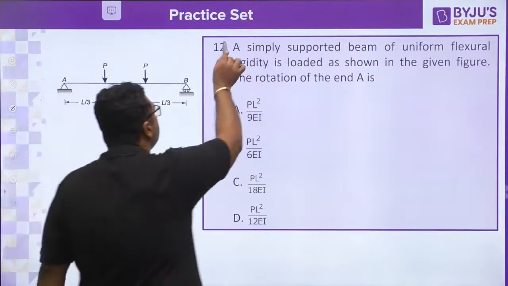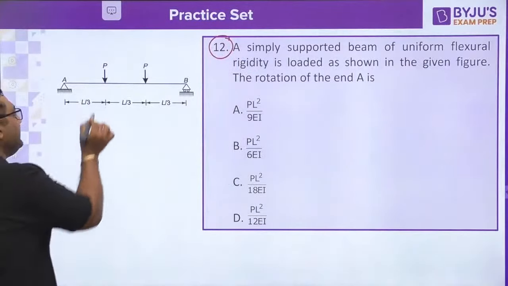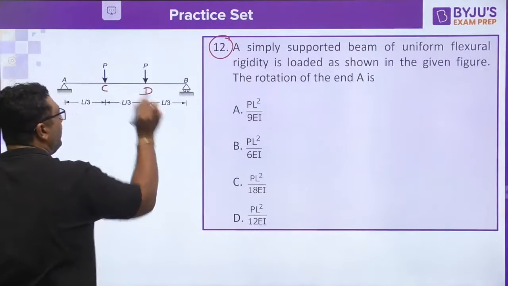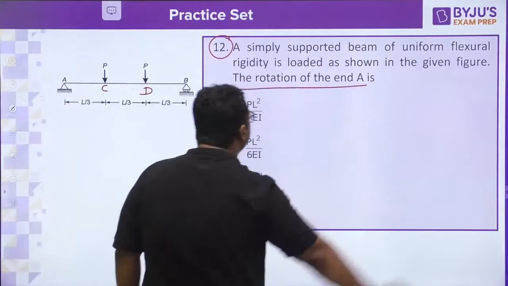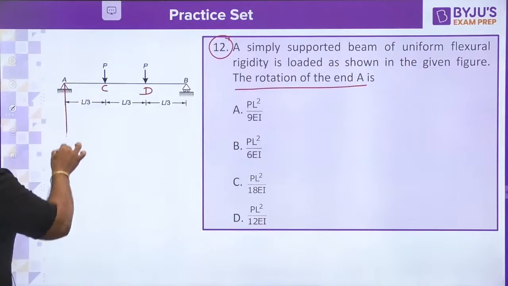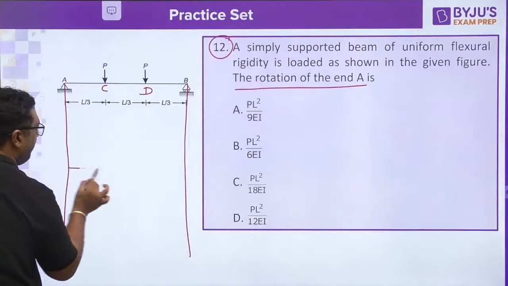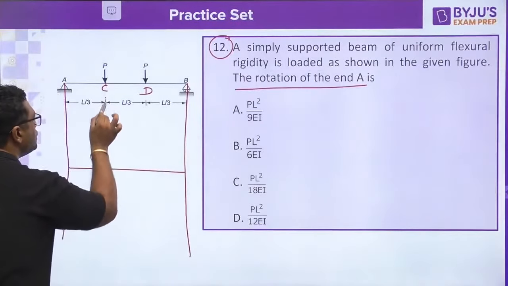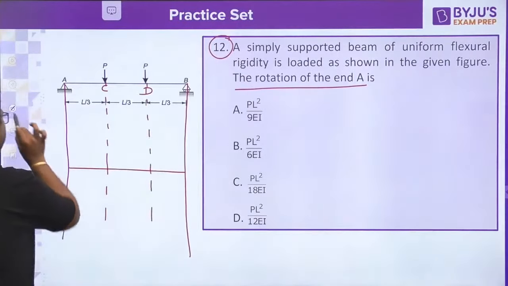Now this is a question from deflection. My dear, load is acting at point C and point D. You need to answer the slope at A. So my dear, I am going to help you for that. If you want to go for moment area method, I am going to give you the bending moment diagram. So you can easily use the moment area method.